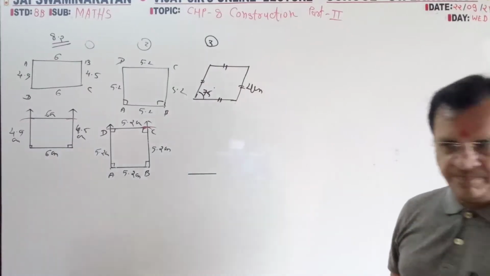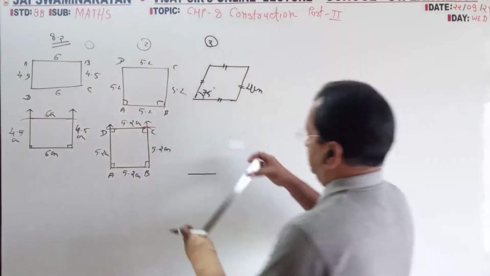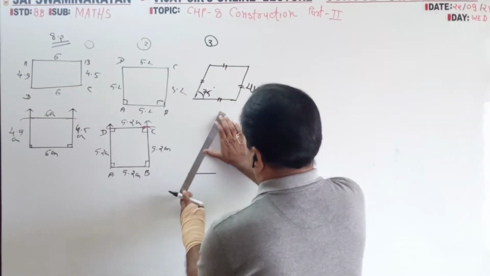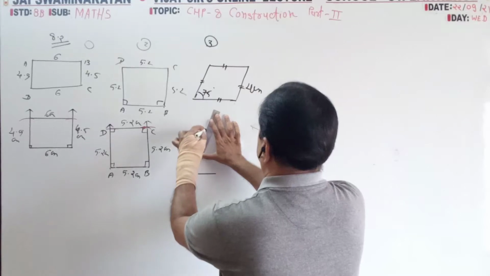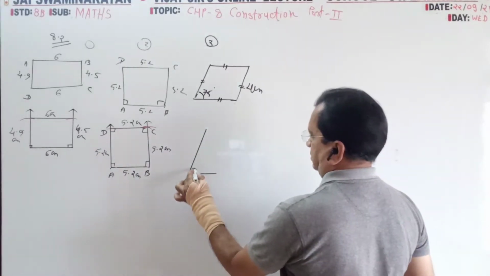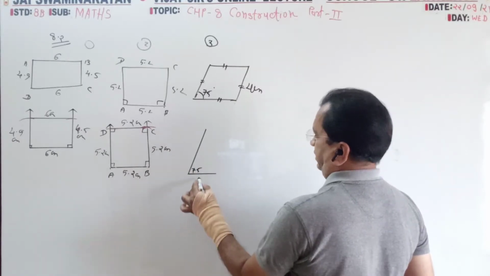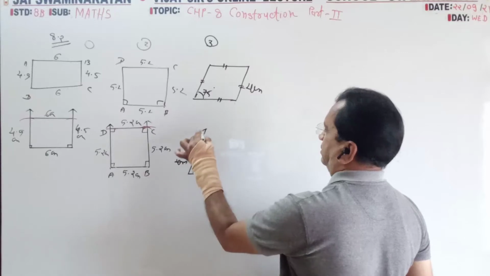Now 75 with the help of a protractor. You can take this as 75. Okay, and you know that if it is 4 centimeter, this is also 4 centimeter.